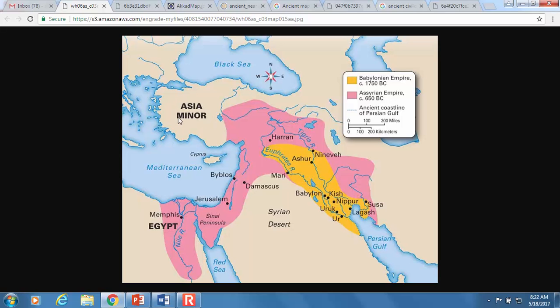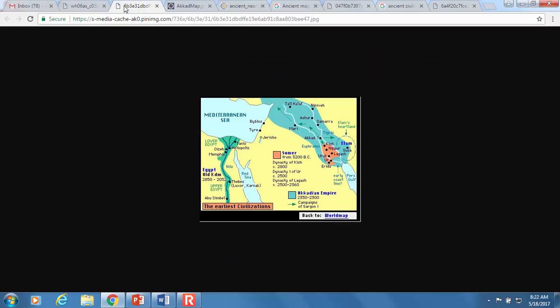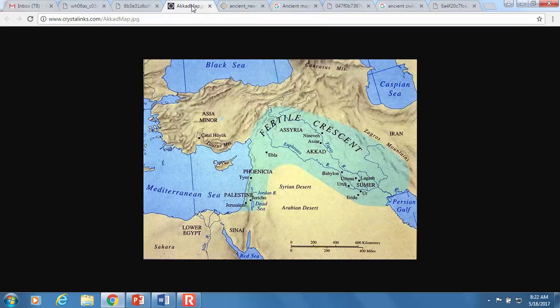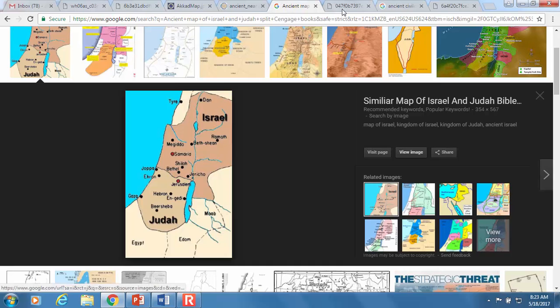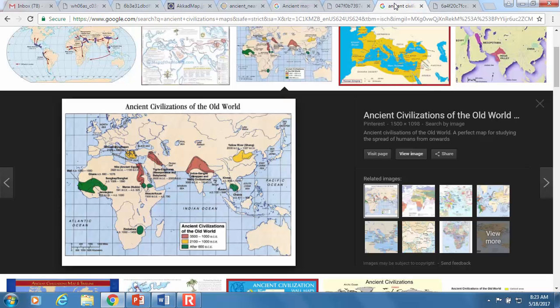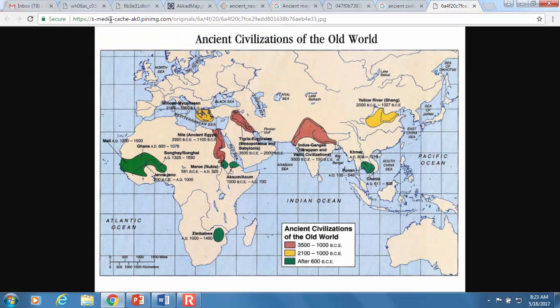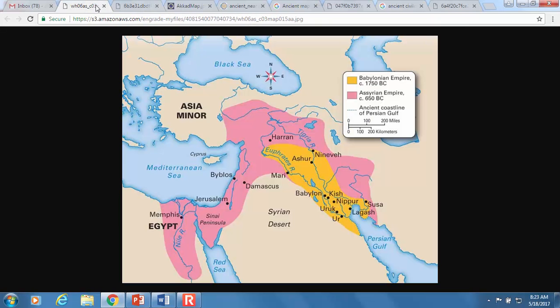This is modern day Turkey right here. Right, so this is where your Hittites had their empire right here on this Asia Minor. I'm trying to find some maps here that will better show you their powerful kingdom, but I think we're going to go back over here to this one, the Asia Minor.